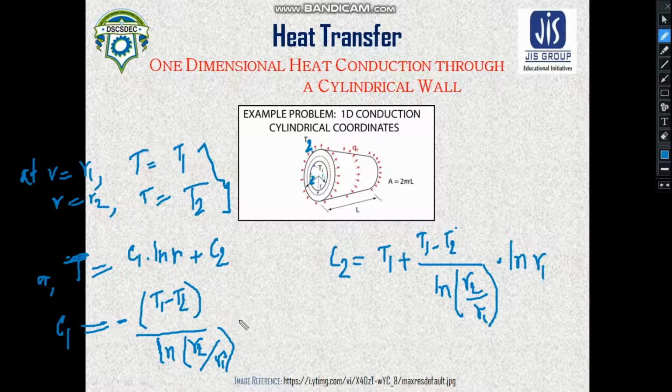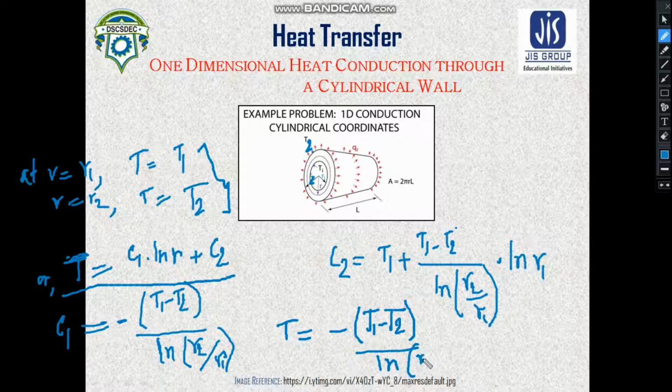Since we have found the values of C1 and C2, if we put these values in this equation, we will see that T can be written in this format. Just putting the value of C1, it will be T1 minus T2 divided by ln of R2 divided by R1.